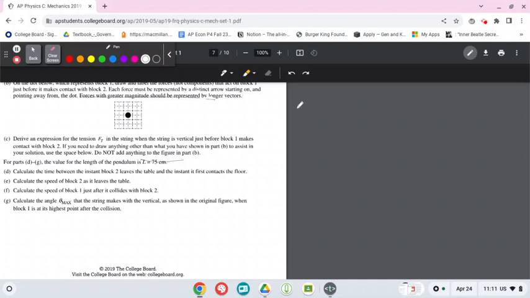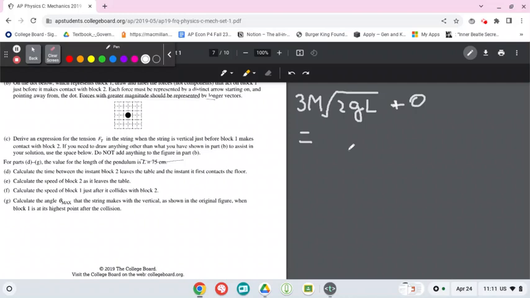We calculated the speed of block 1 earlier, and it ended up being square root 2gL. So the total momentum right before it hits block 2 is going to be 3m square root 2gL, because this is the mass and this is the velocity, and block 2 hasn't started moving yet, so it's 0 plus 0.